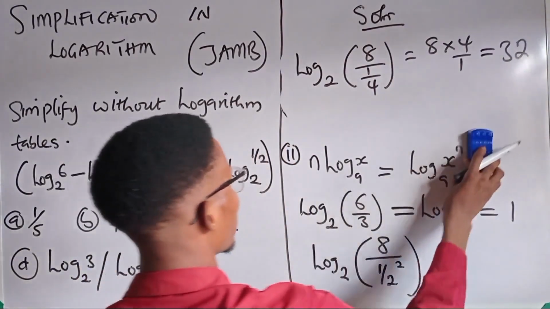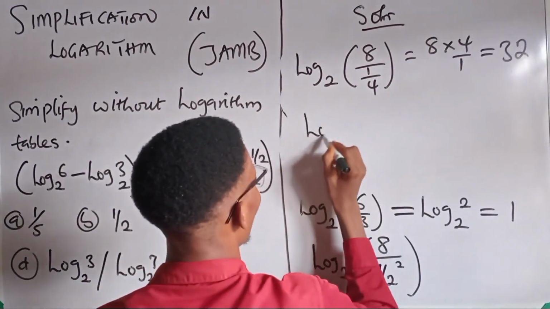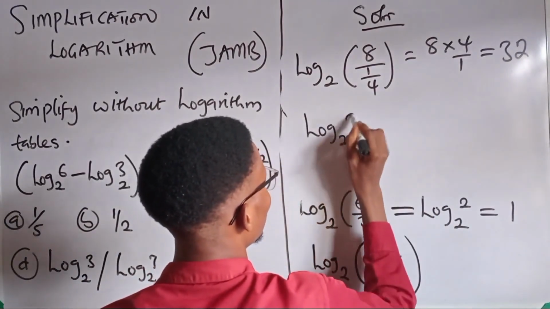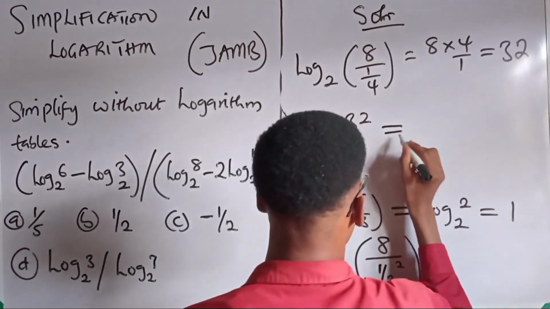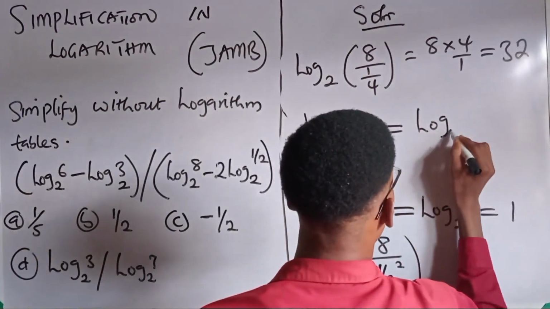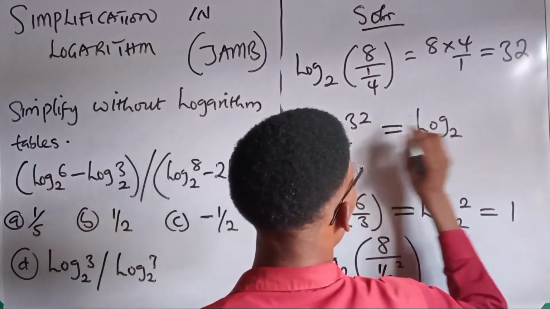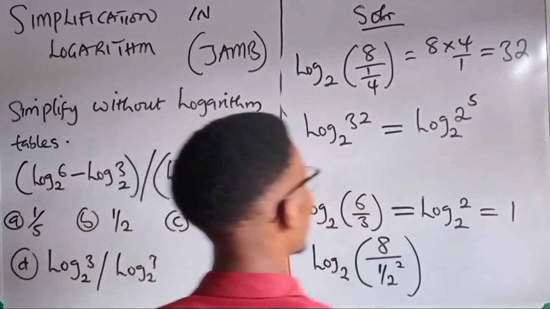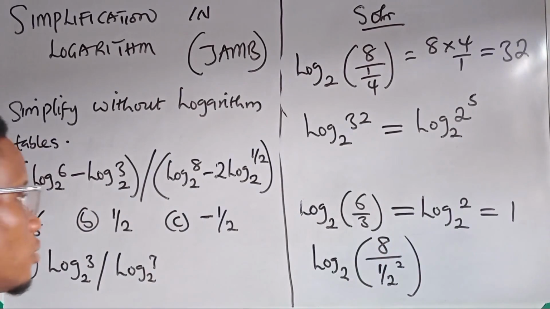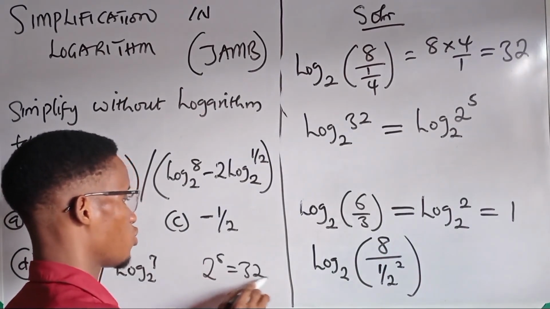In this case now, we have 32, which gives us log of 32 base 2. 32 is 2 raised to the power 5. Yes, 32 is 2 raised to the power 5.